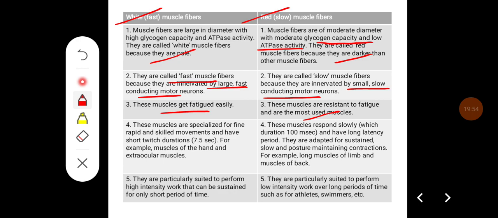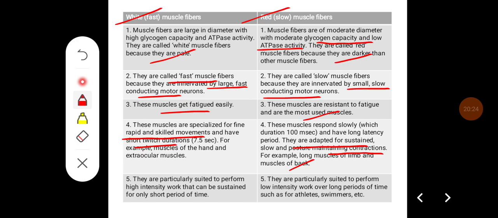Whereas the white muscles are specialized for fine and rapid skilled movements and have short twitch duration. Whereas the red muscles respond very slowly and have a long latency period, and they are adapted for sustained slow and posture maintaining contractions. For example, the long muscles of limb and muscles of back.